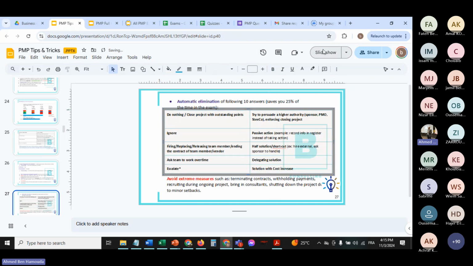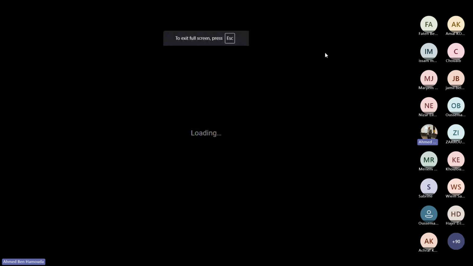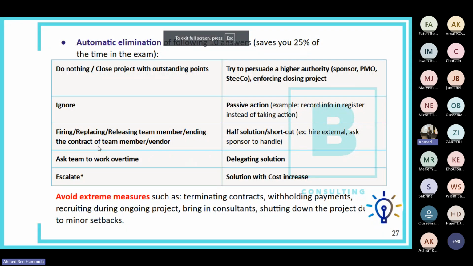We really try to avoid them. Also, try to avoid any answer that indicates asking the team to work overtime or extra hours. So in the PMI's mindset, we never ask the team to work overtime or extra hours.